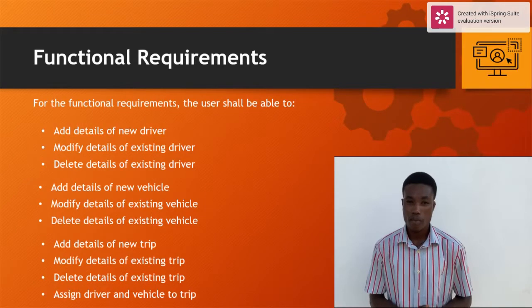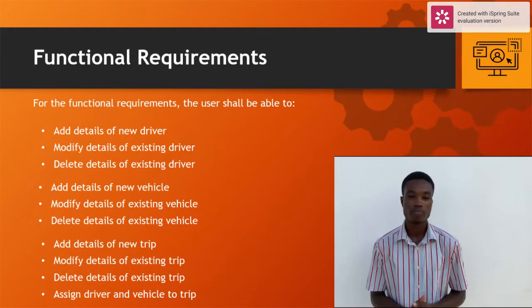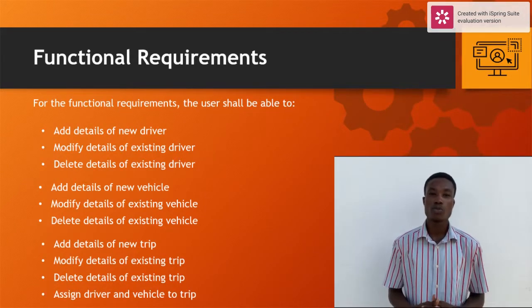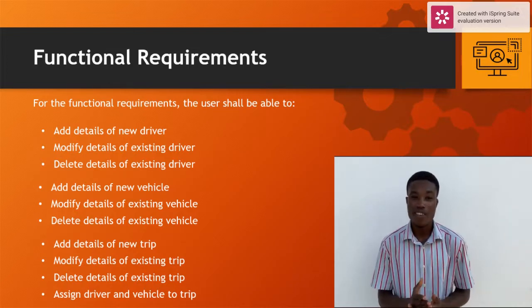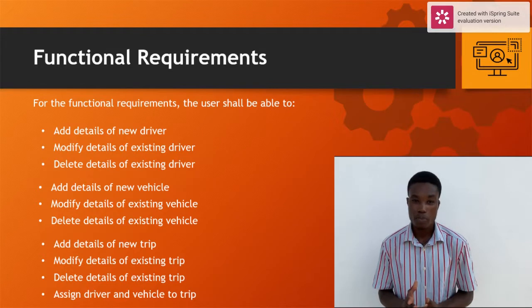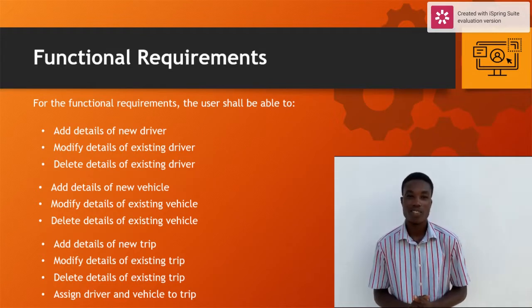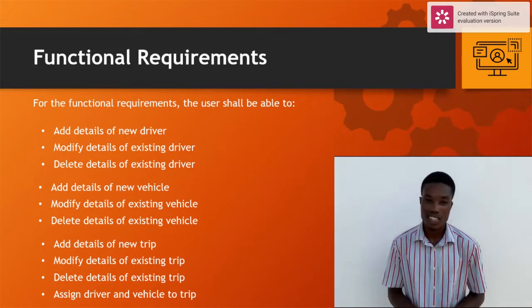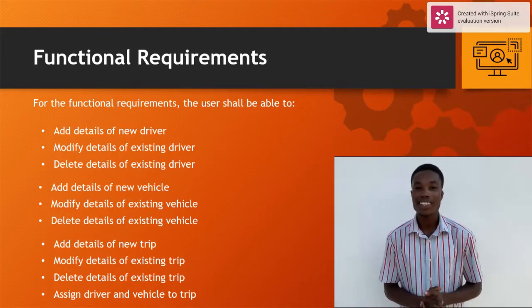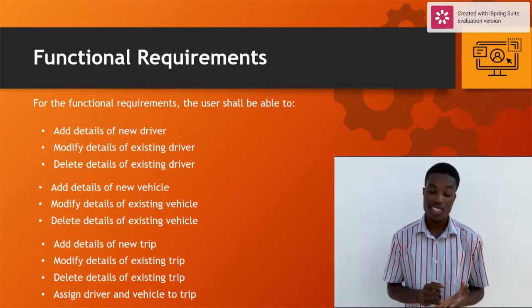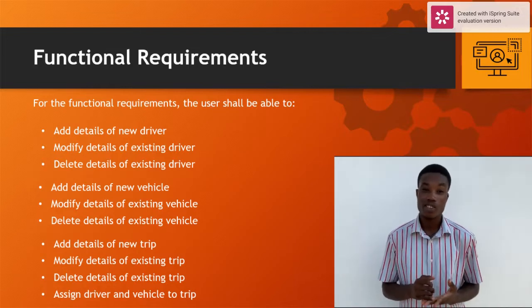For the functional requirements of the software, the user should be able to input the details of a new driver, a new trip, and a new vehicle, and save it into the system. The user is also required to be able to modify details of existing trips, drivers, and vehicles in the system.